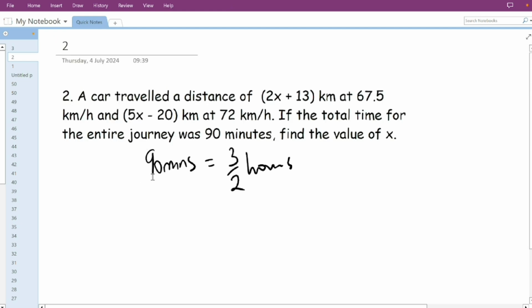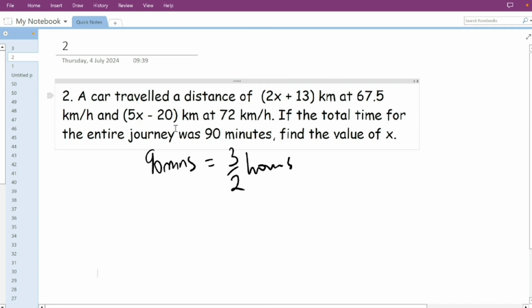Now that we know 90 minutes is 3 over 2 hours, let's go back to the question and start writing out the data. A car travels a distance of 2x plus 13 kilometers at 67.5 kilometers per hour. This is the distance and this is the speed, for the first phase.